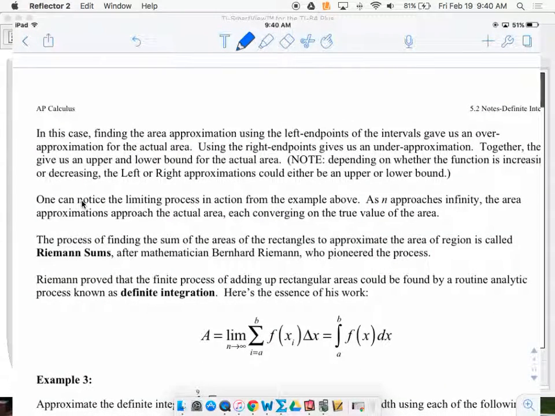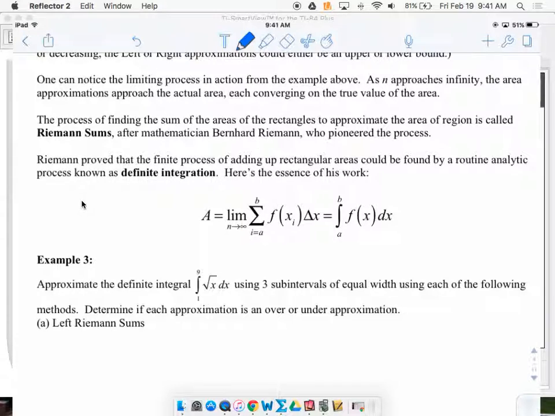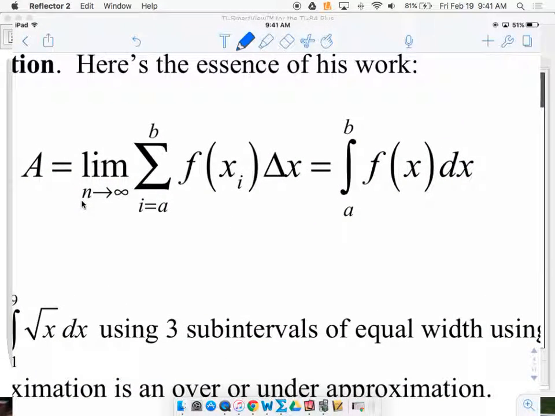All right, so finding the area approximation using left endpoints gave us an over approximation. Using the right endpoints gave us an under, and so on. So again, what we just did was we came up with that.